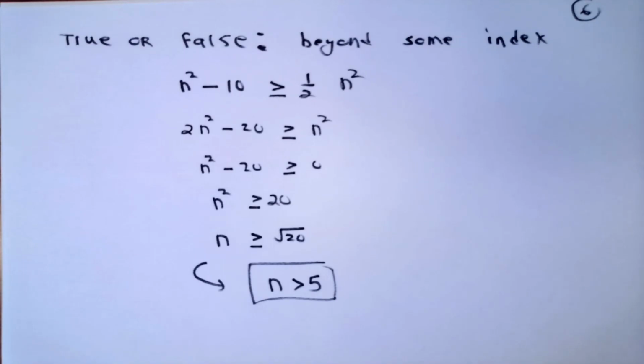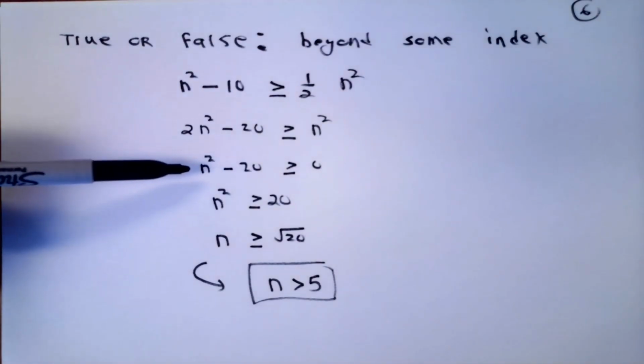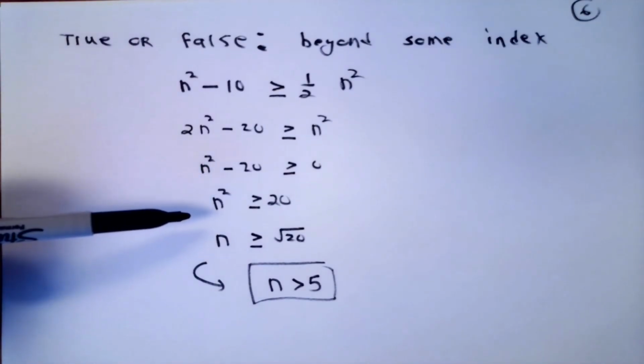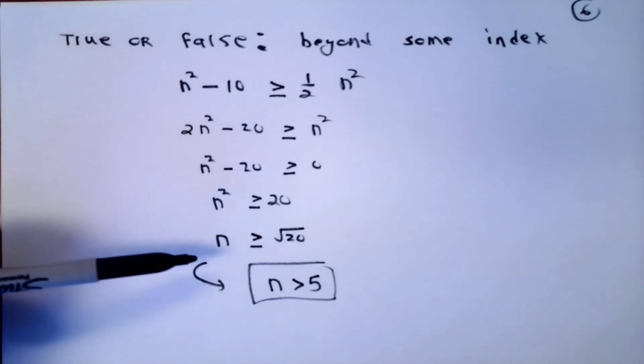Multiplying through by 2, I find out that 2n squared minus 20 should be larger than or equal to n squared. Subtracting n squared from both sides, I find out that n squared minus 20 should be bigger than or equal to 0, meaning that n squared needs to be at least 20, meaning n needs to be at least radical 20.